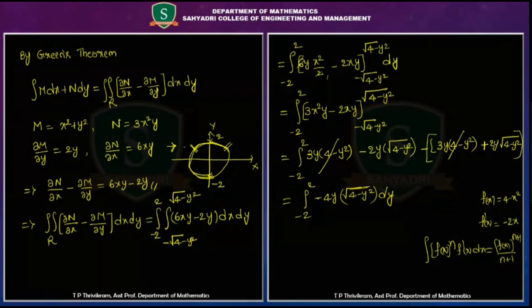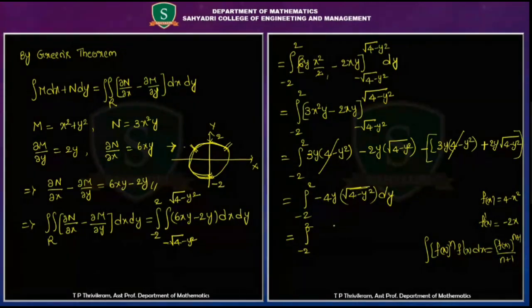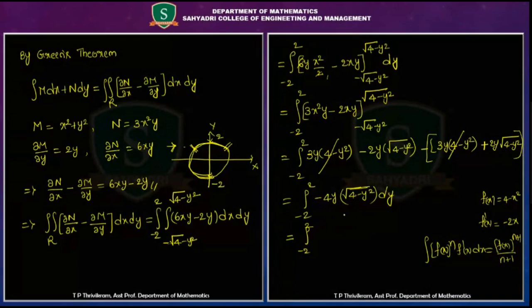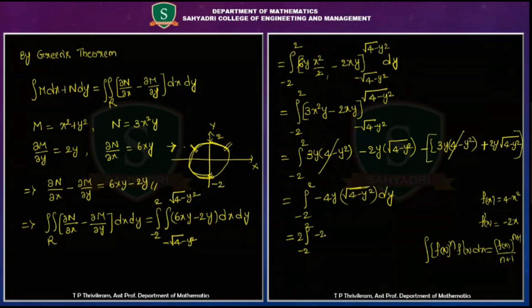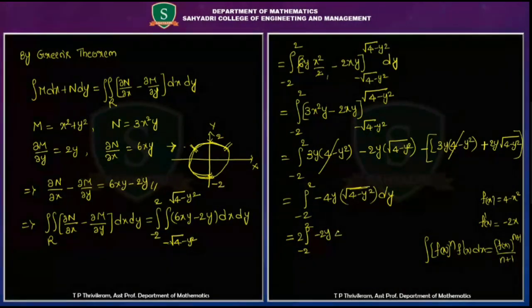So this one is equal to, so how much you can write? Minus 2 to 2. So here, this can be written as 2 into 2y. So I have written 2 outside, minus 2y, 4 minus y square.